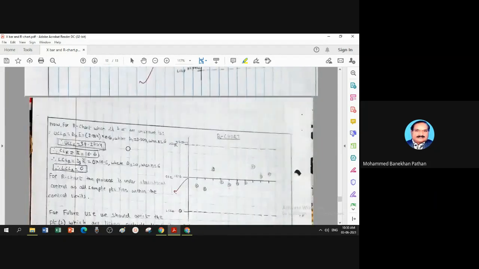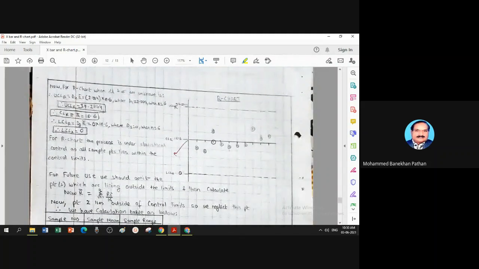That is why here there is no harm whether you plot the R chart or the X bar chart first. But always remember, when standards are not given, firstly plot the R chart. If some points fall outside, you neglect that point, and then on the basis of the remaining, recalculate the control limits for the R chart and plot the chart. If it is under control, then go for the X bar chart.